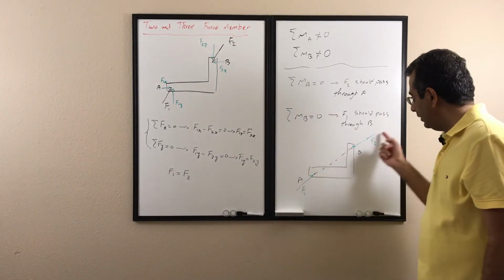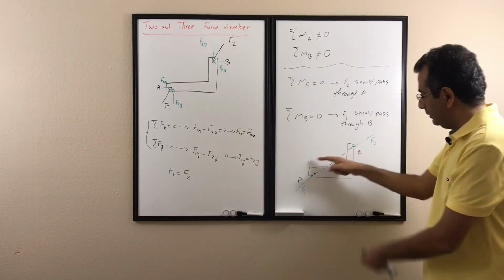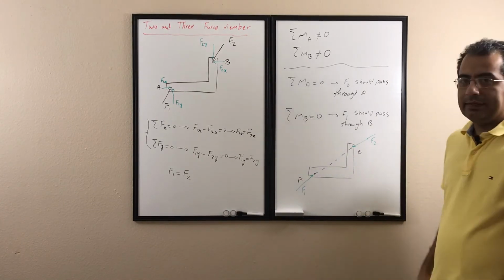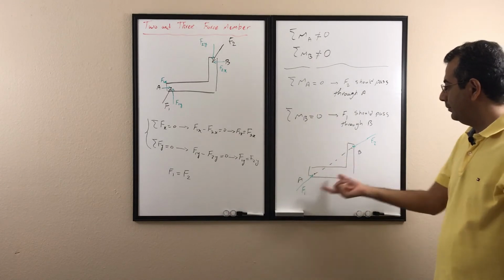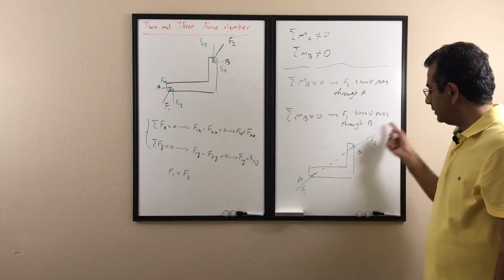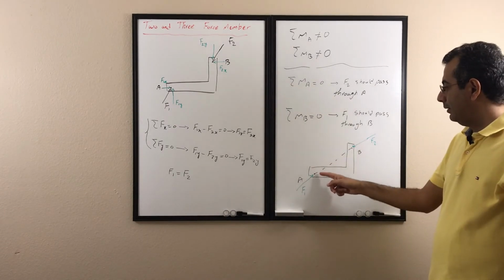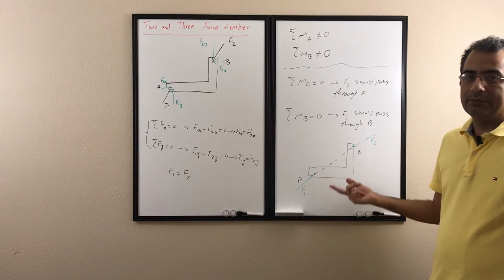So they both have the same line of action. In other words, they have equal magnitude, opposite direction, and the same line of action. That's the only way that a two-force member can be in equilibrium.